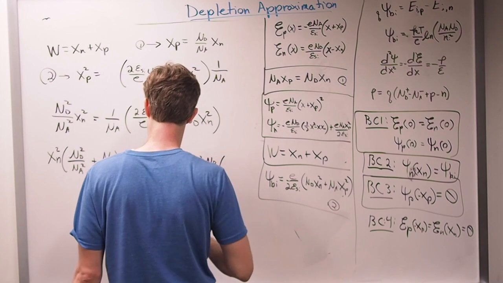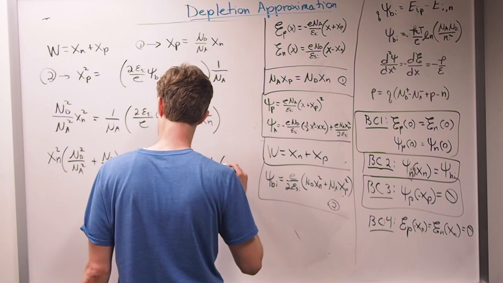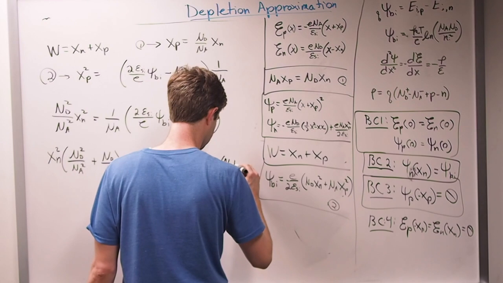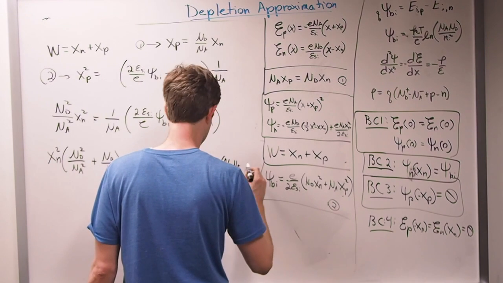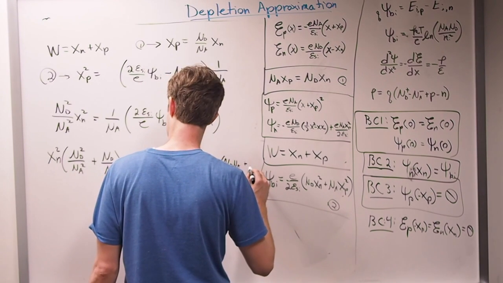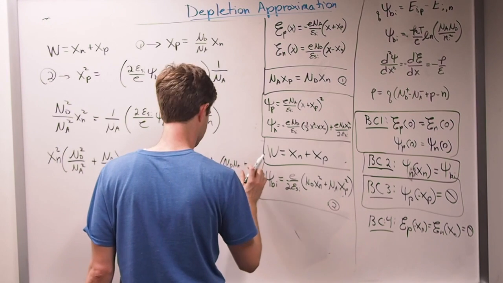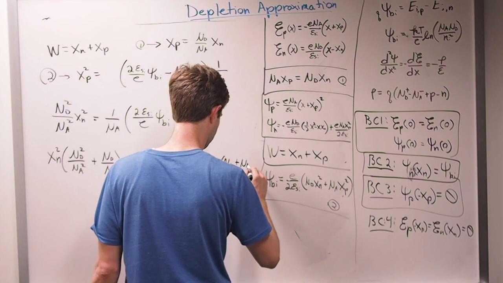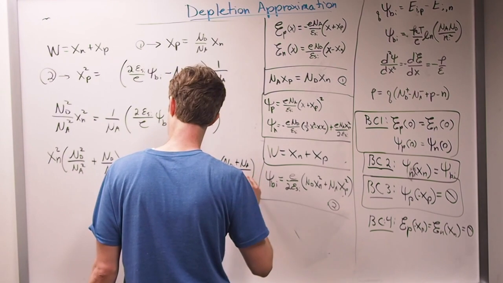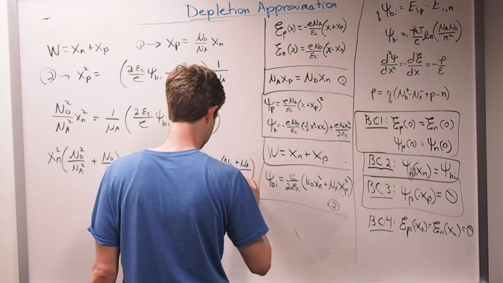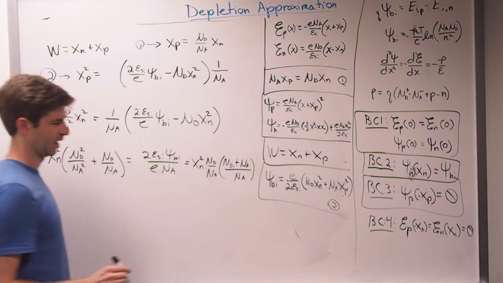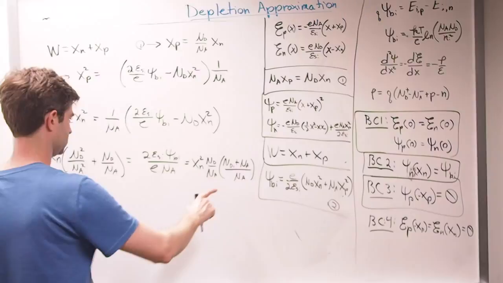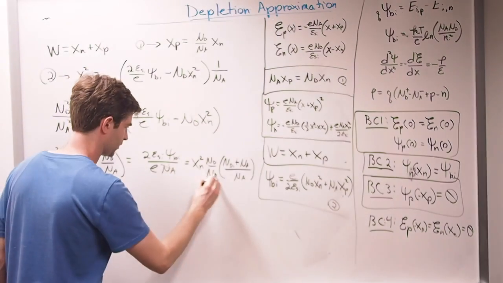And then effectively I just get N_D plus N_A over N_A, just like that. So cancel, cancel.